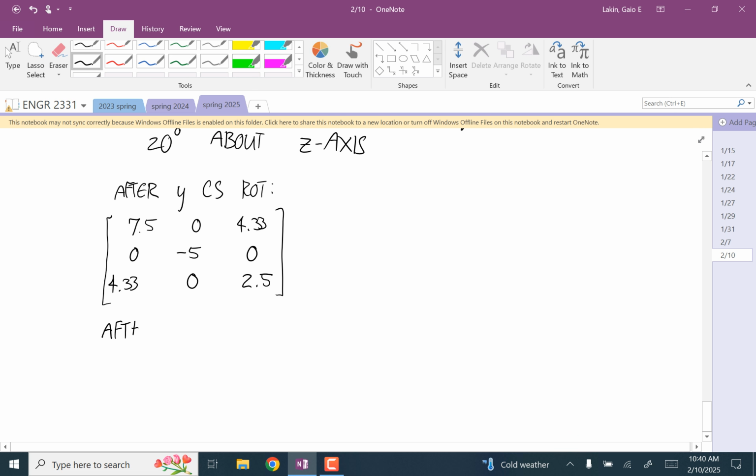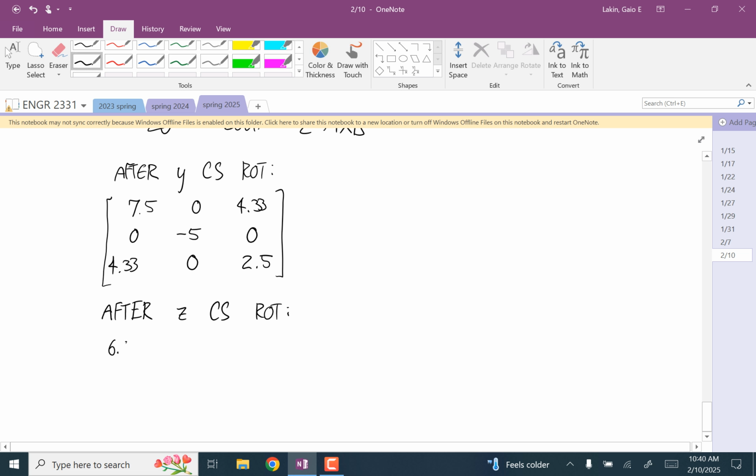So after the z coordinate system rotation, now I get 6.038, negative 4.017, 4.069, negative 4.017, negative 3.538, negative 1.481, 4.069, negative 1.481, 2.5.